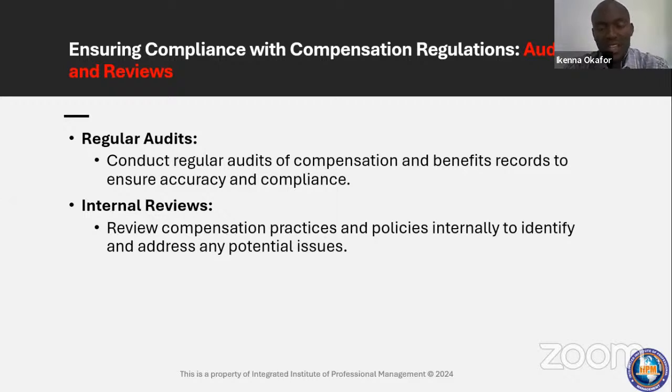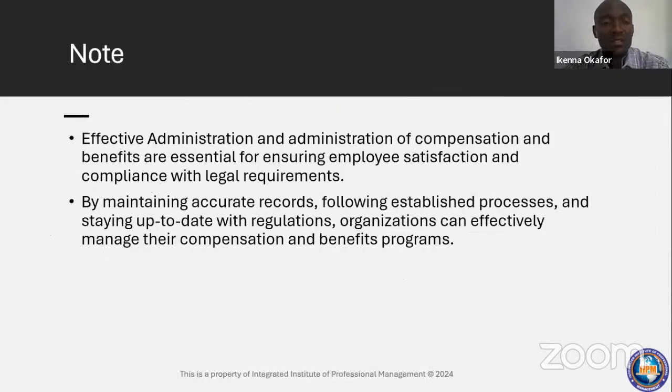If you're using the external dynamics, look at industry benchmarks. Then internally, review compensation practices and policies to identify and address potential needs. Note that effective administration and documentation of compensation and benefits are essential for ensuring employee satisfaction and compliance with legal requirements.